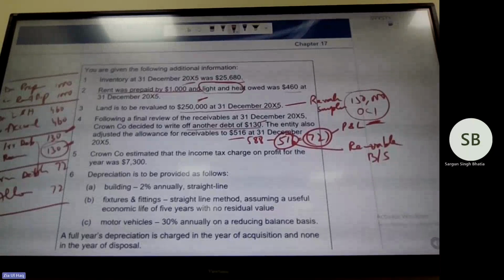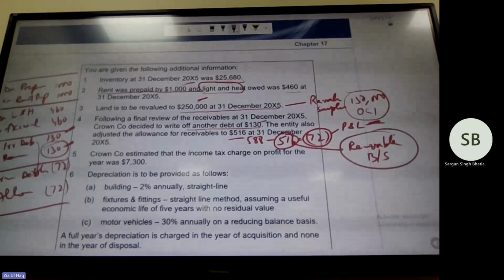And this 72 is negative rather than positive. That's why we will deduct this 72 from irrecoverable debt, and we will deduct this 516 closing balance of the allowance from receivables in the balance sheet.